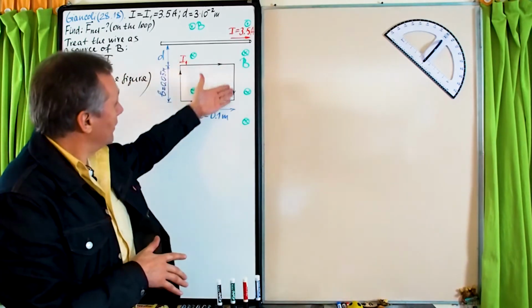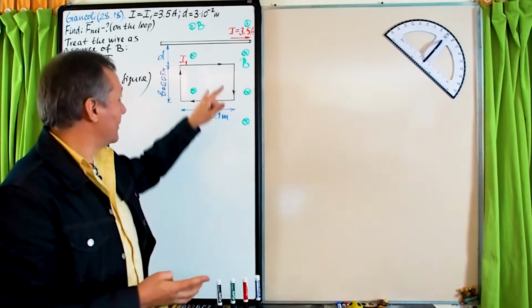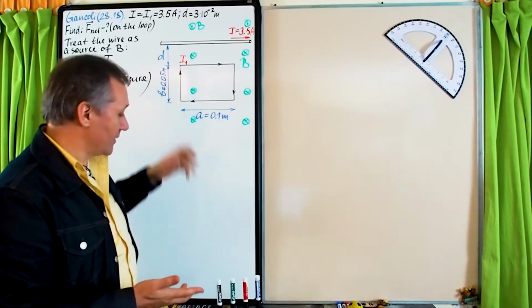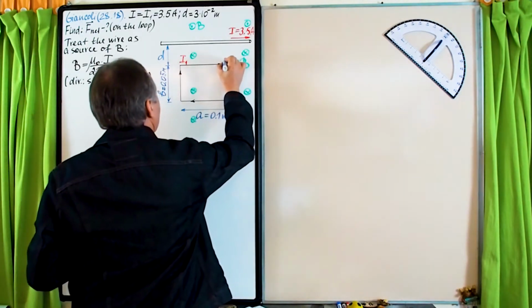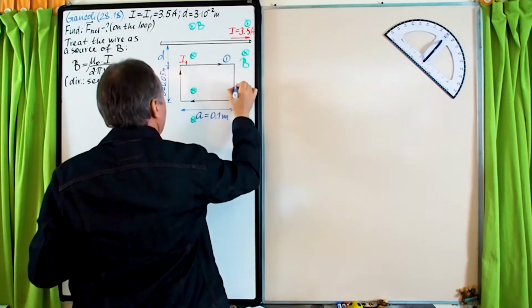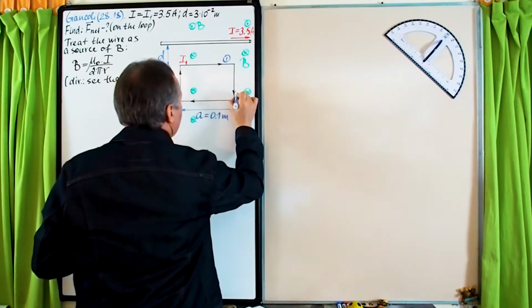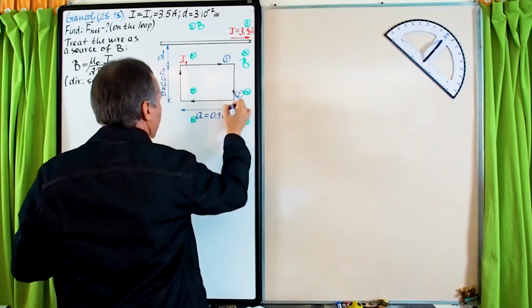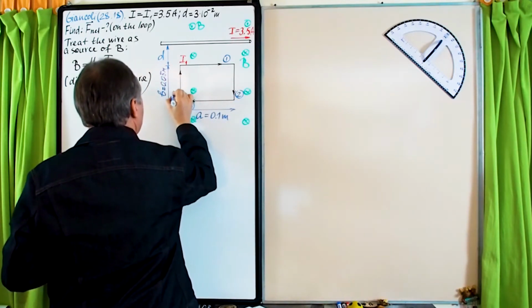Here we have our loop consisting of 4 straight pieces, right? Maybe I can label them. Let's say this is piece number 1, this will be piece number 2, this is 3, and this is 4.